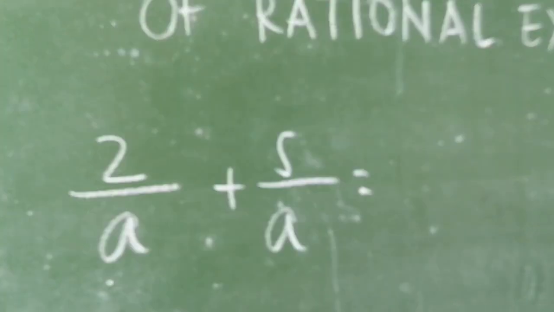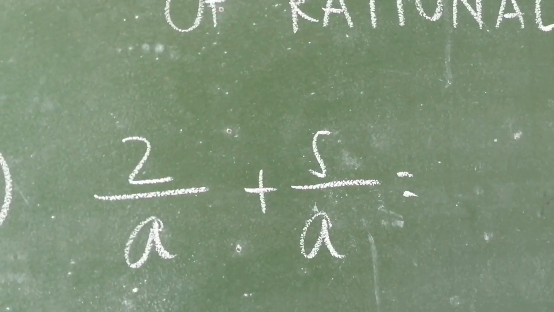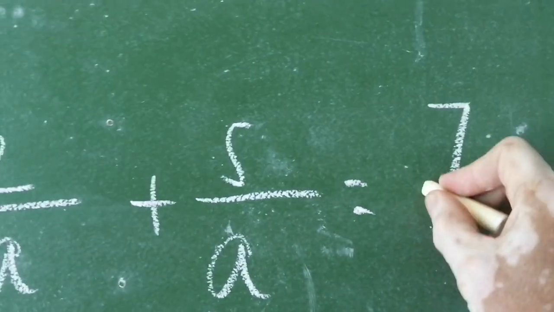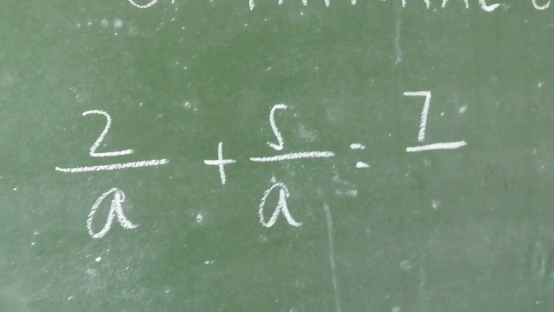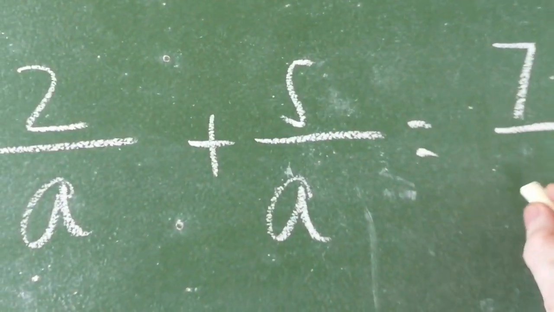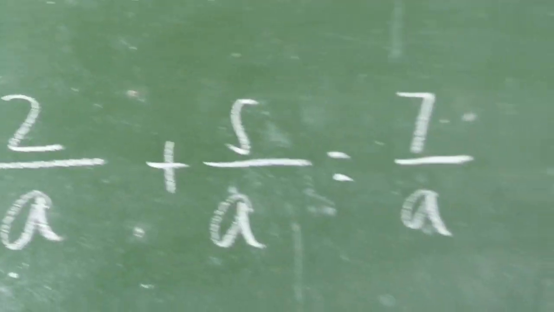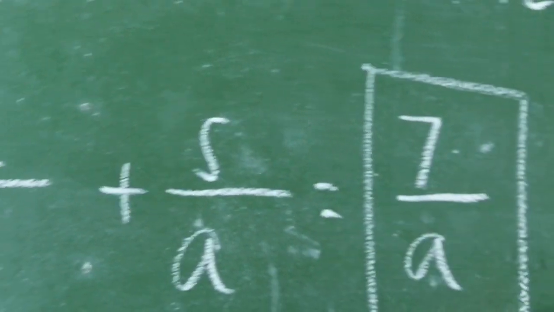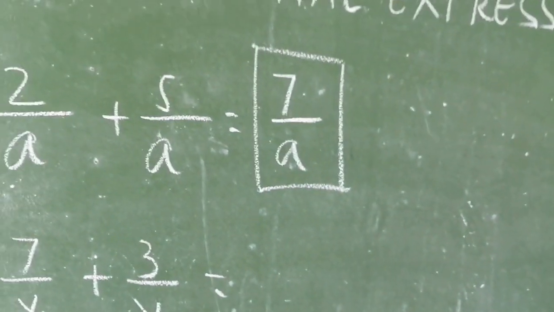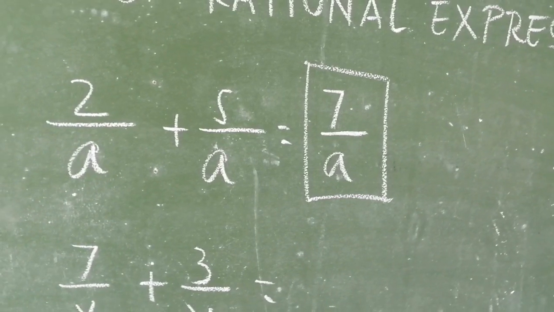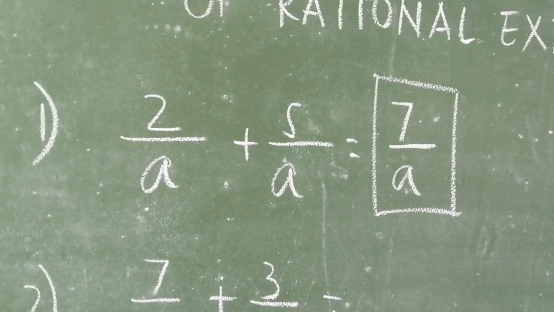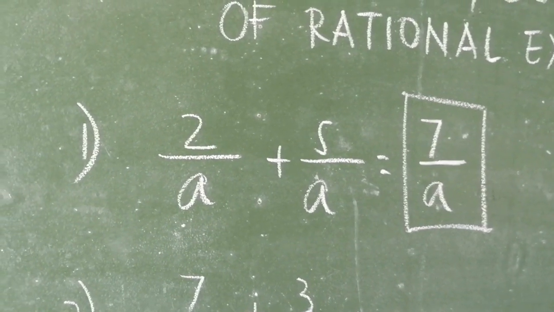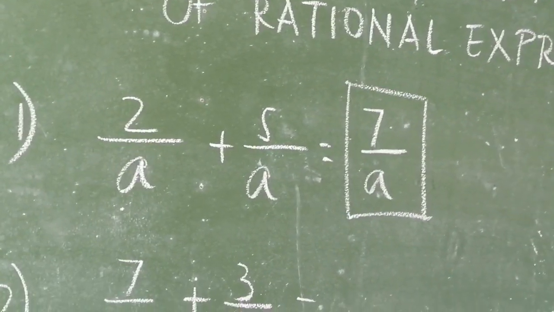You just add the numerators. 2 plus 5 is 7. Take note, do not add the denominators. Just carry the same denominator. So that's the answer. Okay? It's very simple when you have similar denominators, or we call it the similar fractions in fractions.